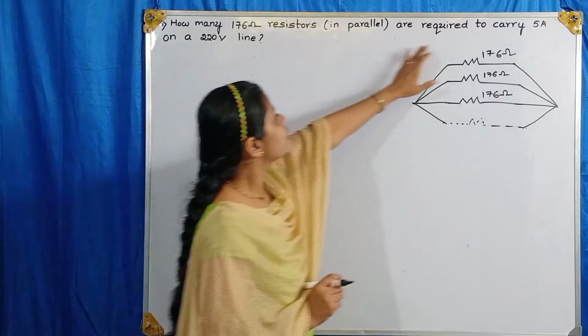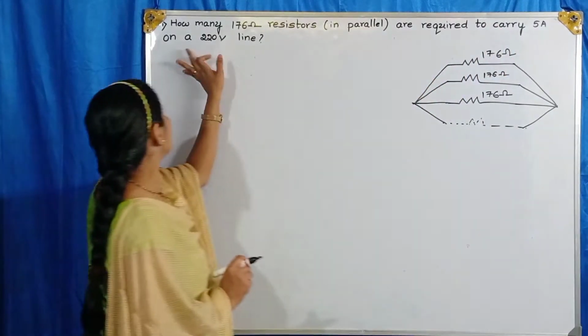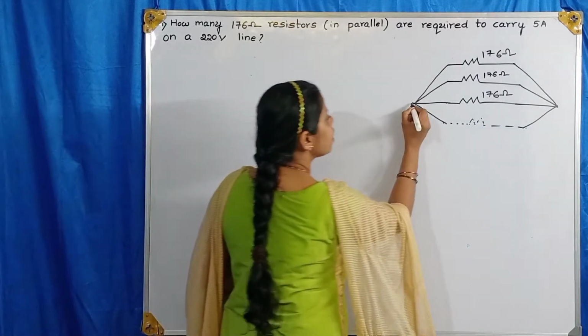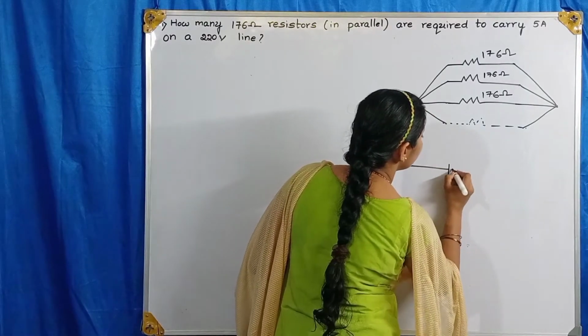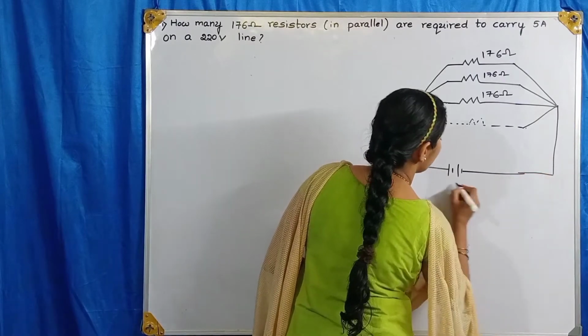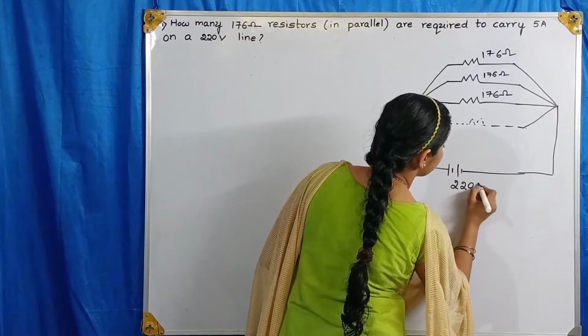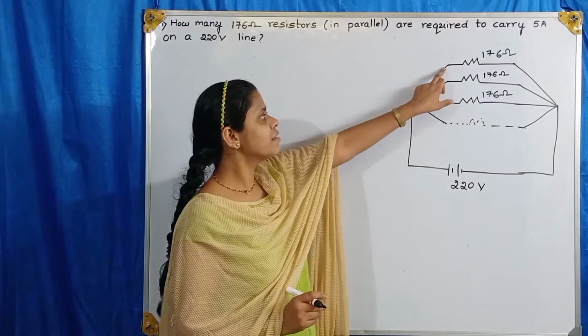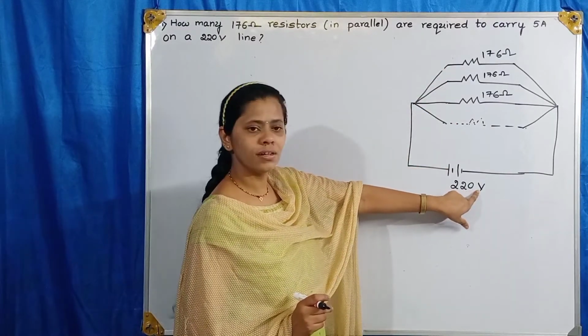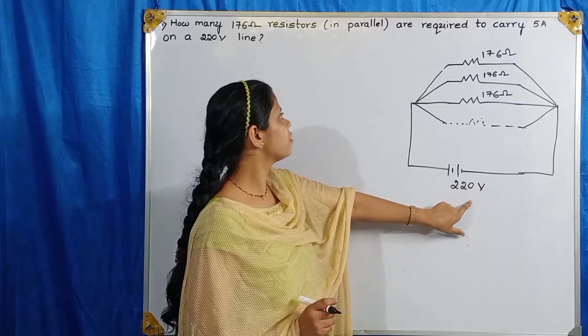Now, they are required to carry 5 ampere on a 220 volt line. Means the resistors are connected to 220 volt potential difference.